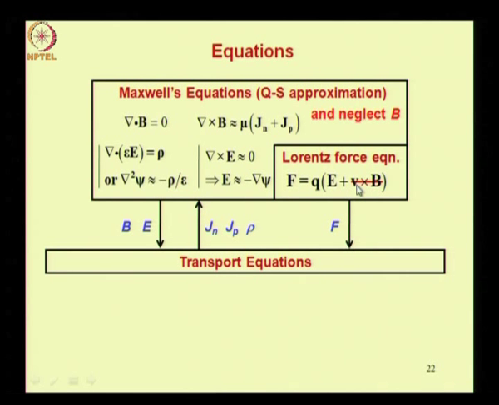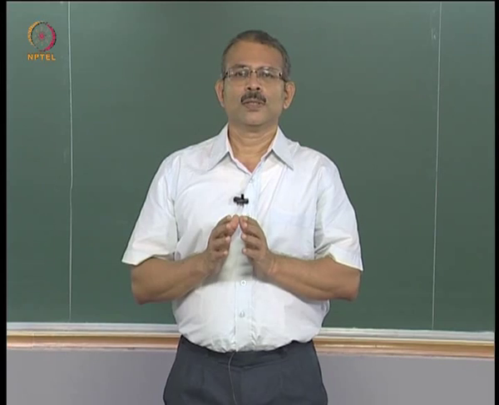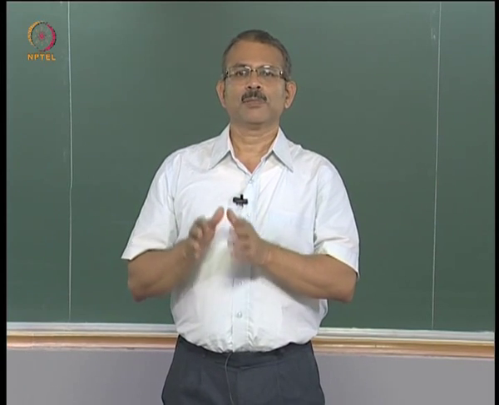So for example if you want to calculate the force on the electron, then V corresponds to the velocity of the electron. That can be obtained from Jn because we know that Jn is product of minus q times the concentration times the velocity.